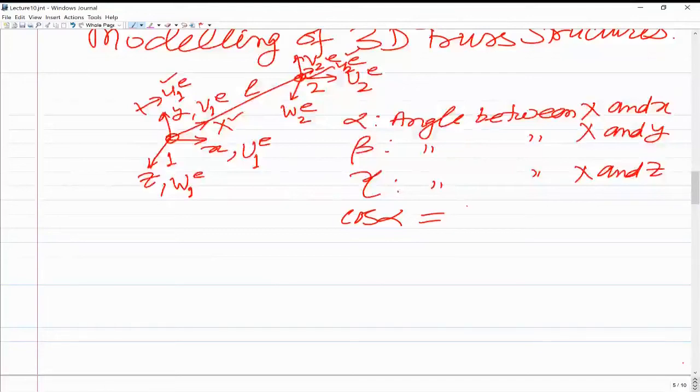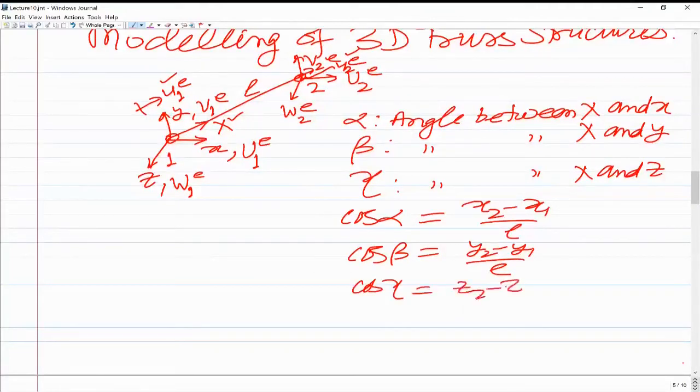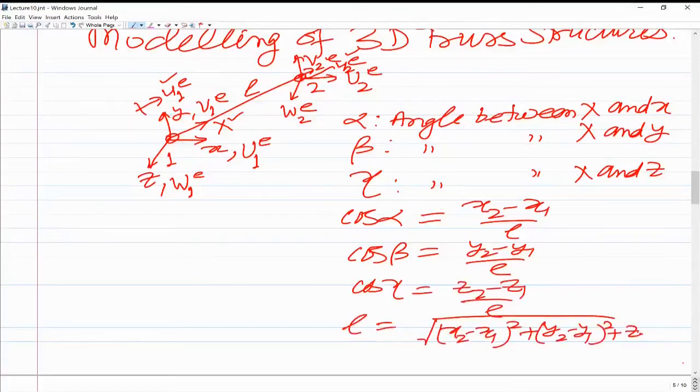The direction cosine cos alpha would be (x2 minus x1) upon L, cos beta would be equal to (y2 minus y1) upon L, and cos gamma would be equal to (z2 minus z1) upon L. And the element length L can be written as the square root of (x2 minus x1) whole squared plus (y2 minus y1) whole squared plus (z2 minus z1) whole squared. Once you have these direction cosines, you want to write the displacement along the capital X direction.